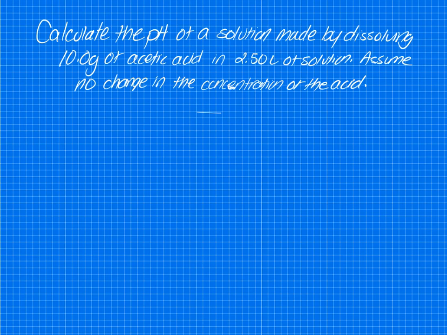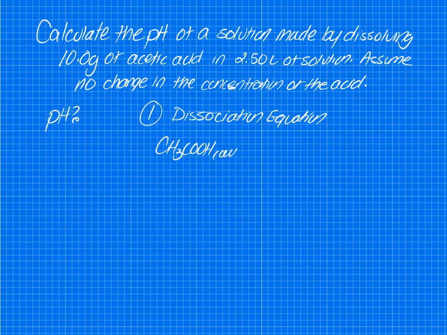Okay, so this is another one where it says calculate the pH. So we're going to try and figure out the pH. And we have acetic acid. So again, first thing that we're going to write is the dissociation equation. So acetic acid looks like this with water.